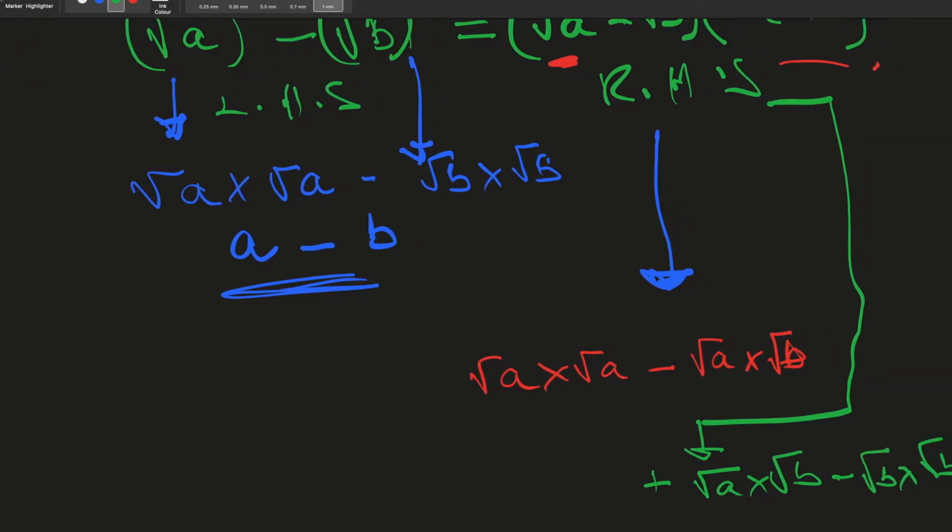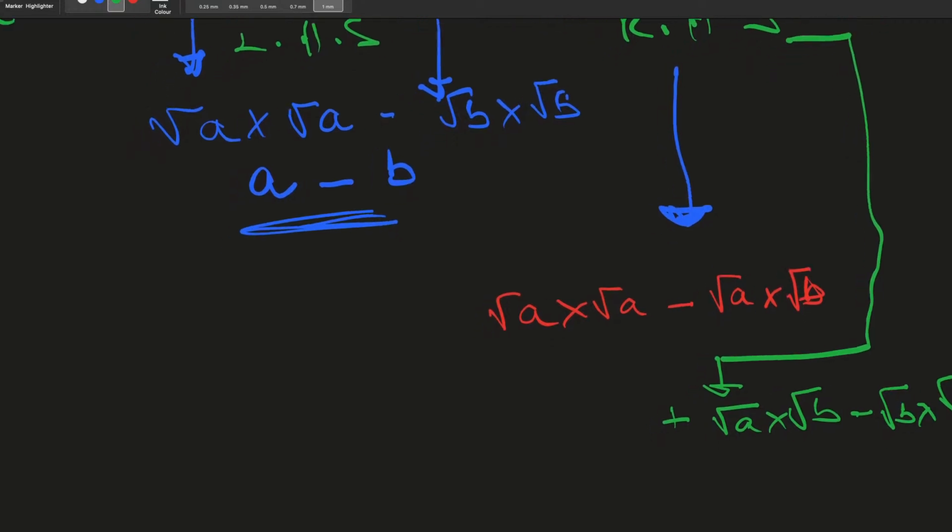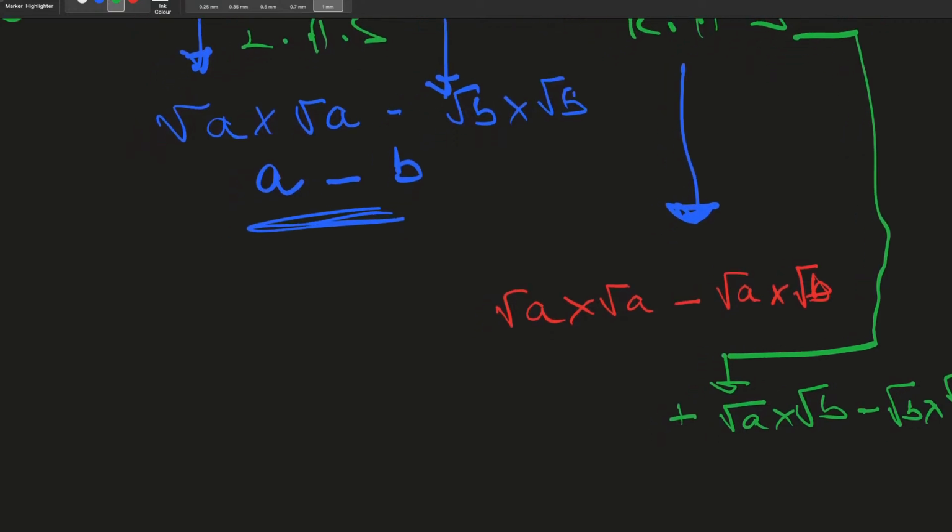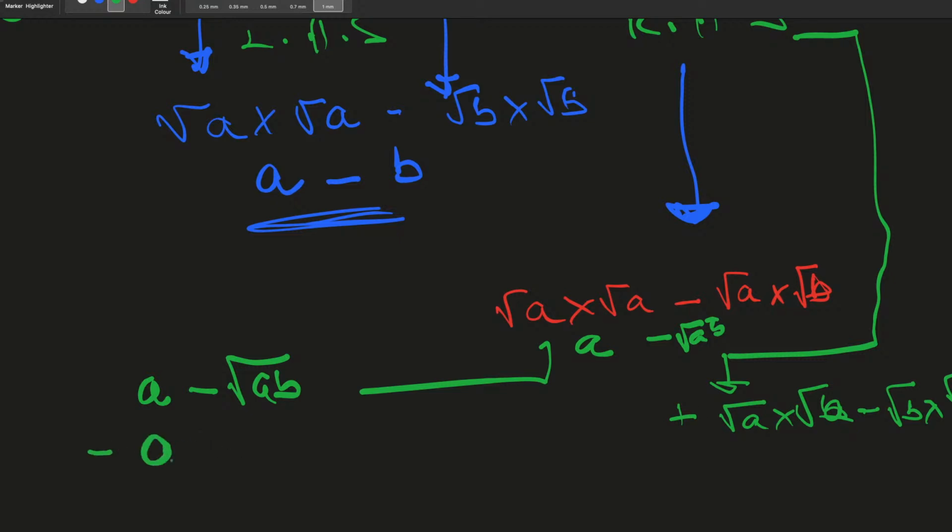Now let's see. With this, we know that when we multiply root a by root a, we get a. And this is root a times root b, that's minus root ab. So this is a minus root ab. And this, you know that we have a over here, so root a times root a, and this is minus, so this is minus a.